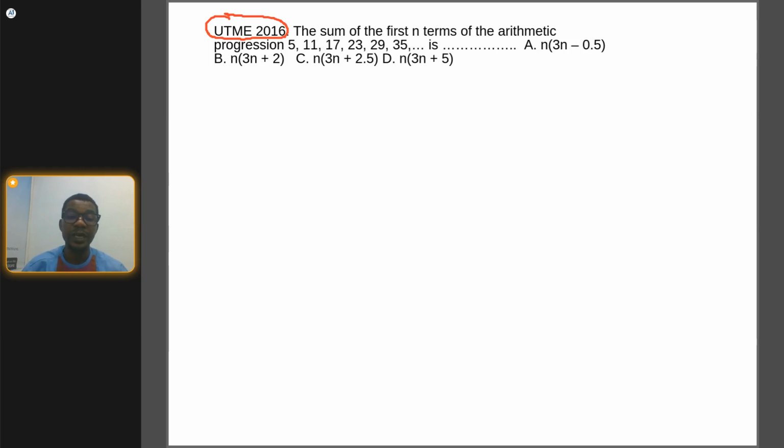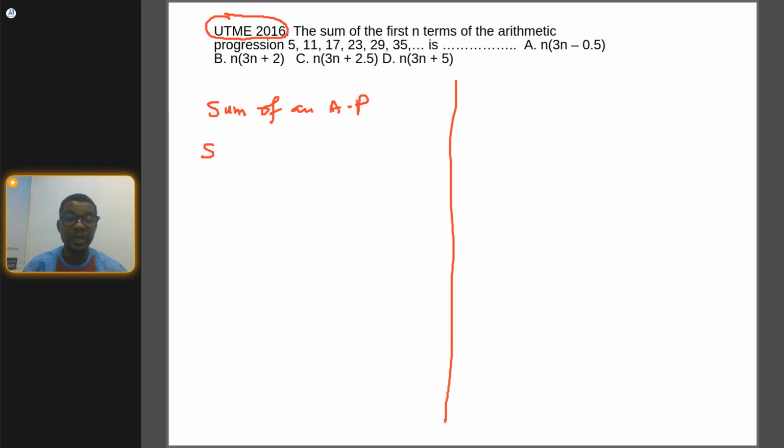Now we are asked to find the sum of the first nth term. So in short, what we are asked to find is the sum of an AP.